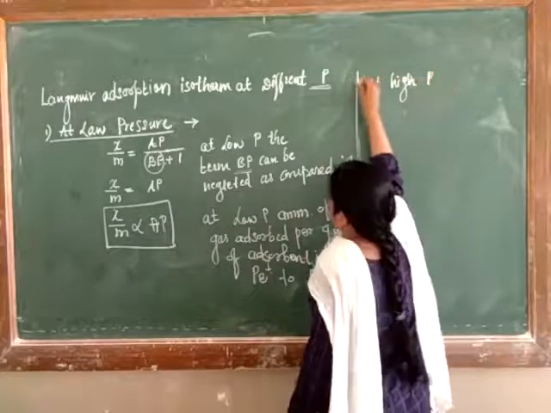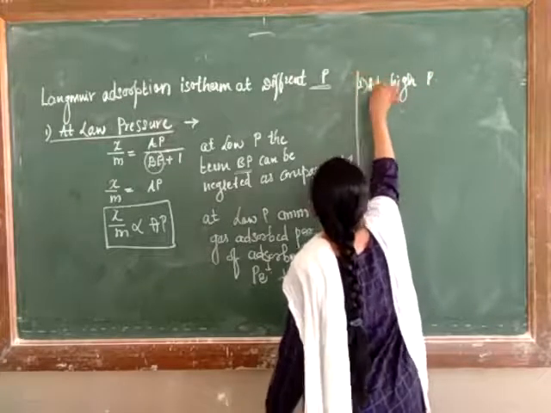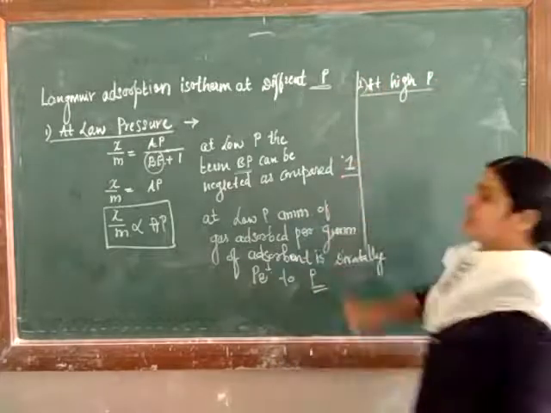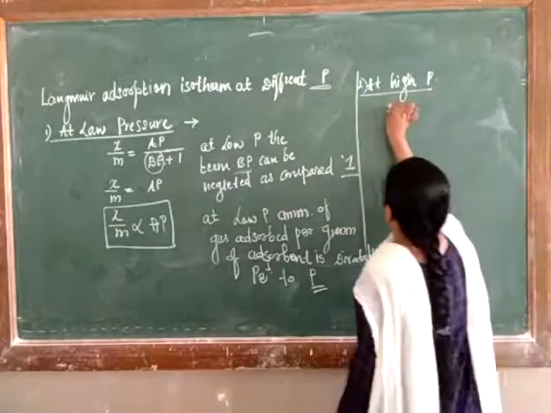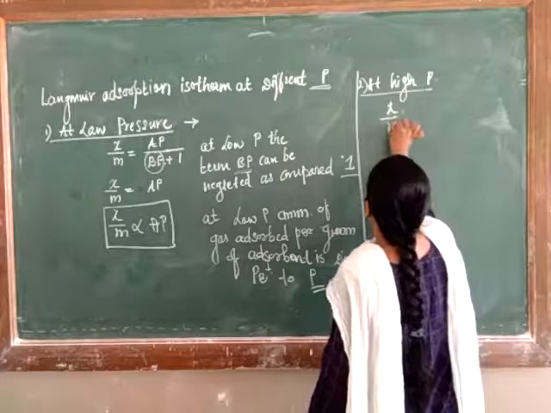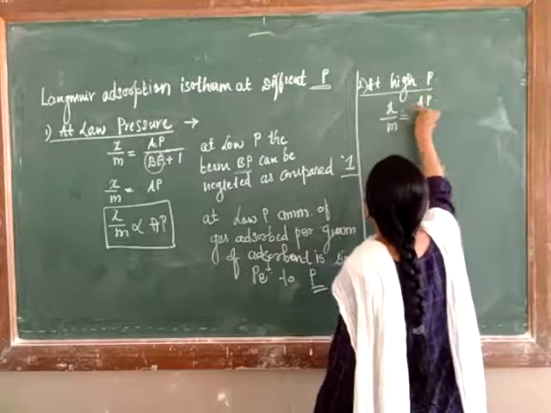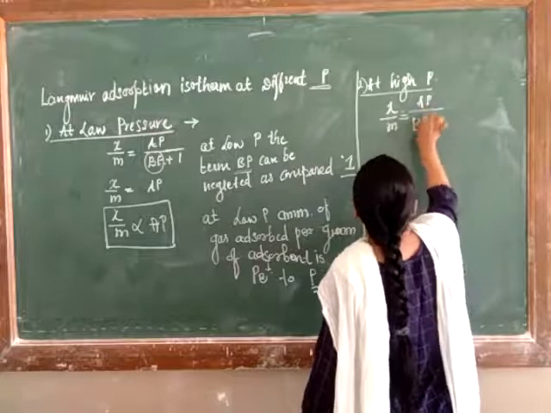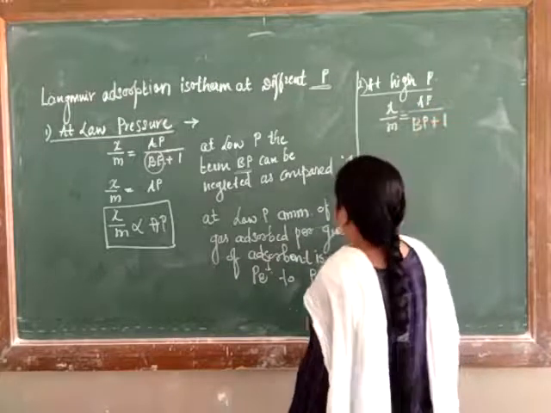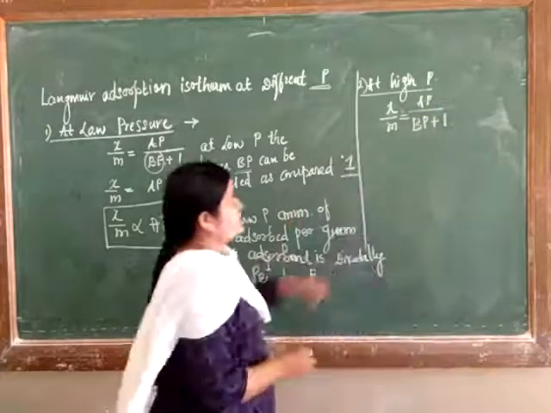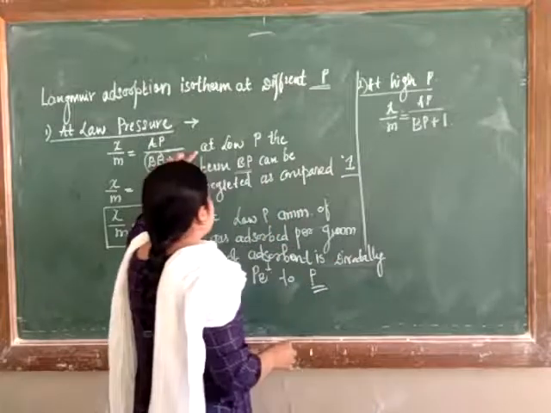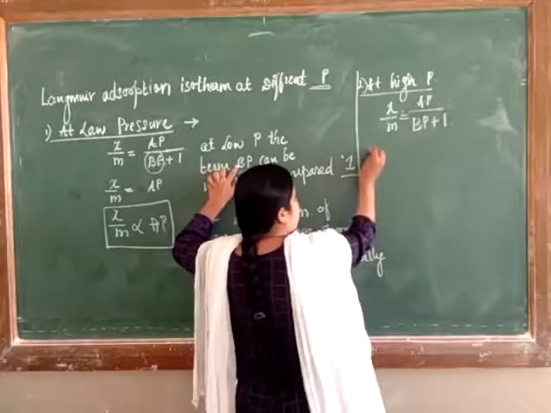Now let's see the next part, that is at high pressure. The equation for the linear adsorption isotherm is again x/m = AP/(BP + 1).